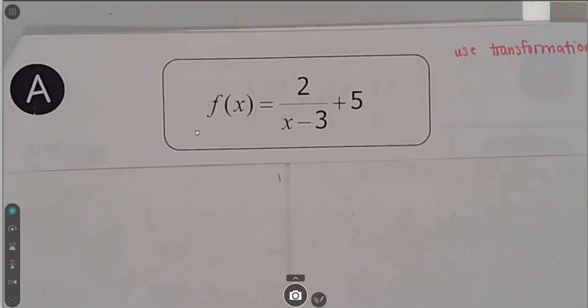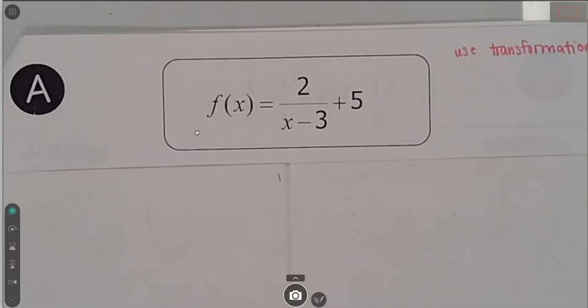I'm going to give you guys one more minute and then we'll go over it. You're going to want to do x equals, y equals. All right, everyone got it?